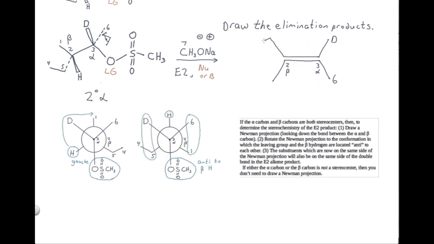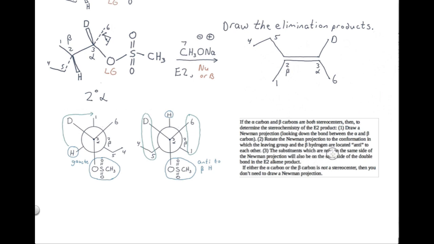So I'll draw carbon 5 on the same side of the double bond as the deuterium, cis to the deuterium. And in this picture, carbon 1 is on the same side of the Newman projection as carbon 6. So I'll draw carbon 1 on the same side of the double bond as carbon 6.